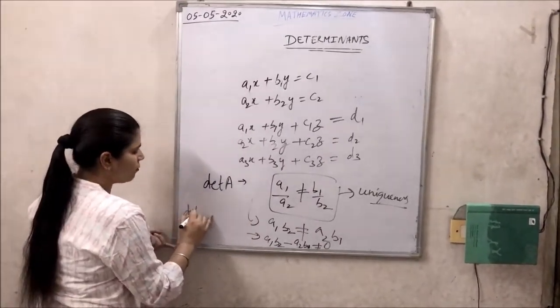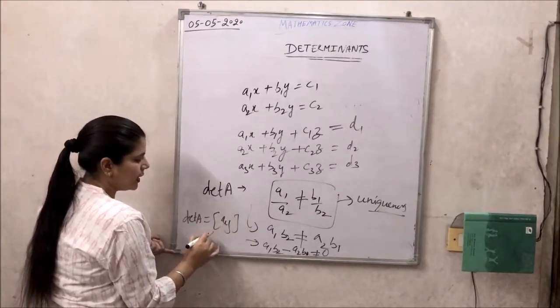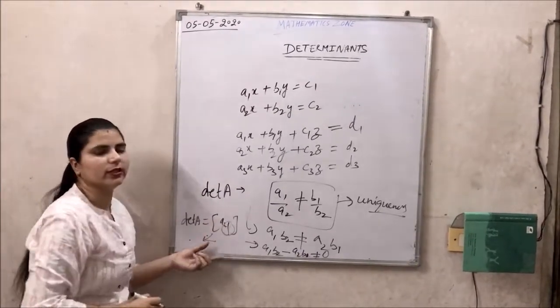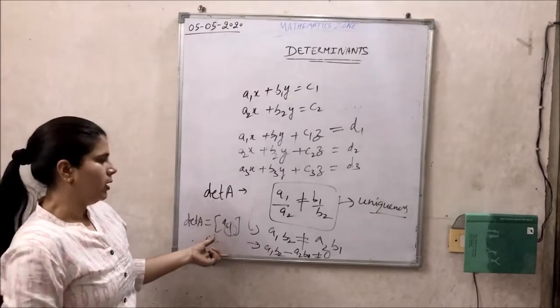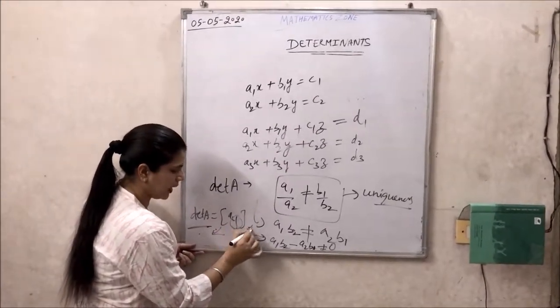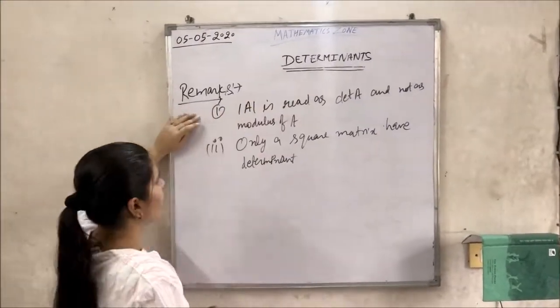Now determinant of A is denoted as mod of aij. Here i denotes the number of rows and j denotes the number of columns. This is termed as determinant of aij of order n. To solve such kind of problems, we have some remarks.